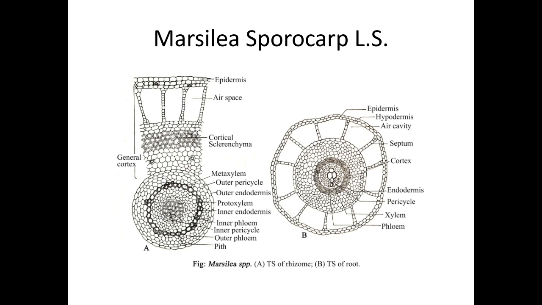So xylem is sandwiched within two layers of phloem, and such type of stele is known as amphiphloic siphonostele. Amphi means on both sides of xylem two patches of phloem are there, and such a stele is generally known as amphiphloic siphonostele in case of Marsilia.